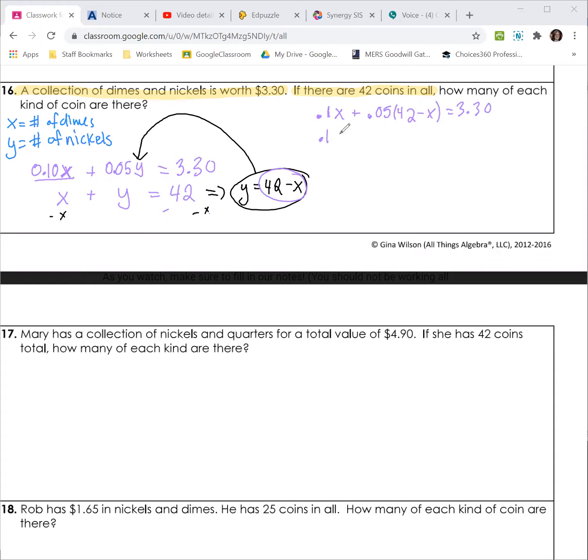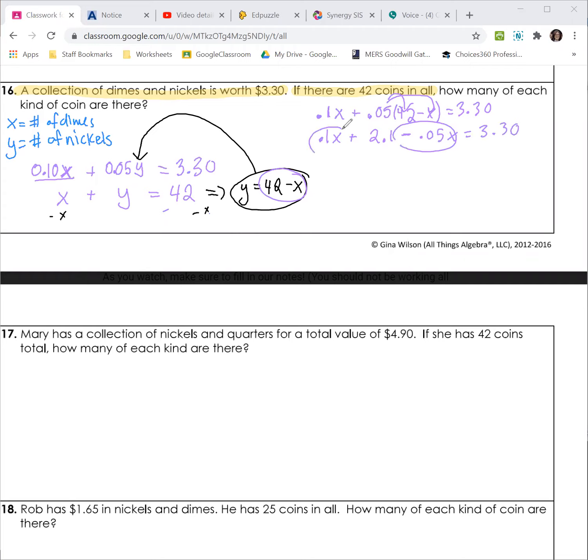So I have 0.1x plus, I'm going to go ahead and distribute that, and I get 2.1 minus 0.05x equals 3.30.